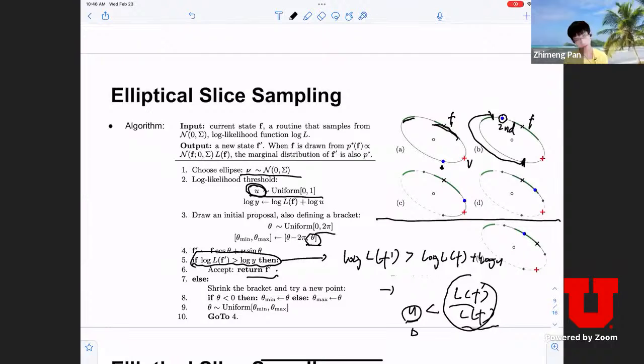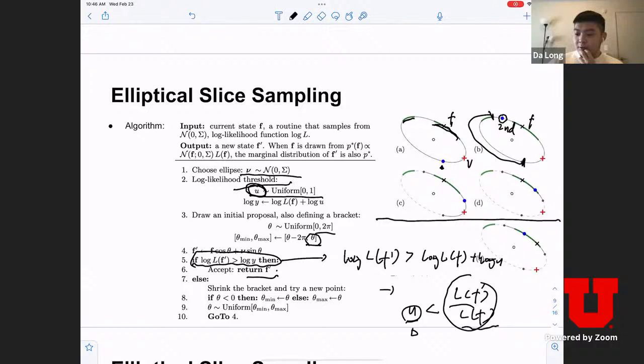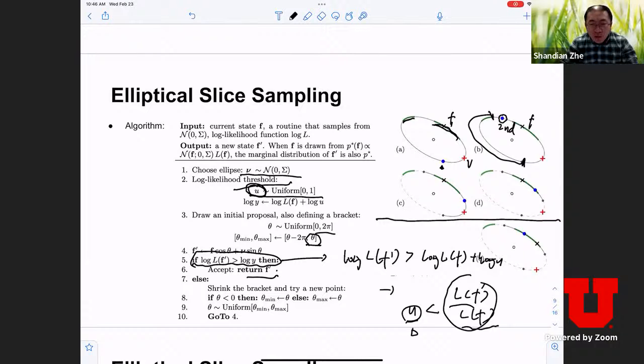It seems like they are doing it the other way around. They first determine the accepting condition, sampling the threshold first, and then keep sampling theta until the acceptance test is passed.